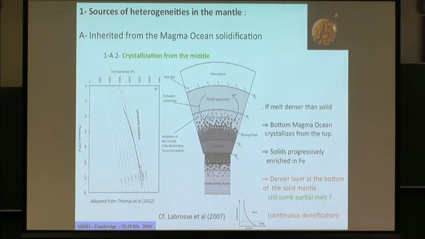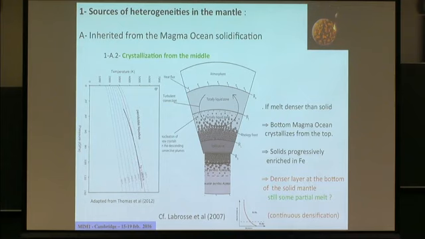But if the melt is also denser than the solid, then you're going to have a basal magma ocean that is going to crystallize from the top down.